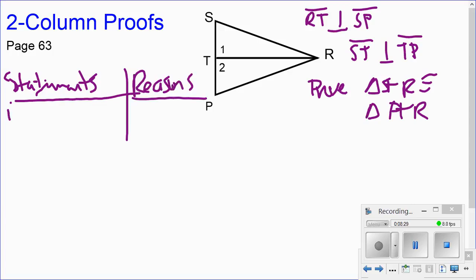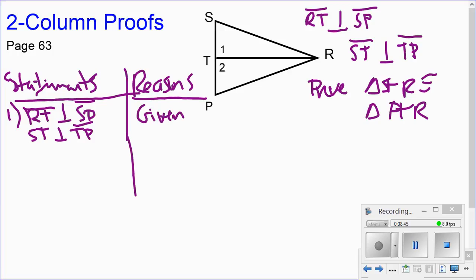And my first statement is going to be RT is perpendicular to SP and ST is perpendicular to TP. And my reason is that is given. Okay, so let's think about what that tells us.